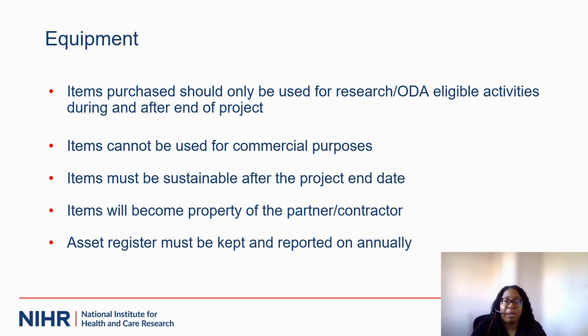So if you're buying a job lot of 100 heart rate monitors, for example, you can put that in one box, but you must make clear in the justification how many units you're buying and the unit price, so that we can see that calculation. And we would require for every award that an asset register is kept, and this will be reported on annually as part of ongoing annual monitoring of awards.